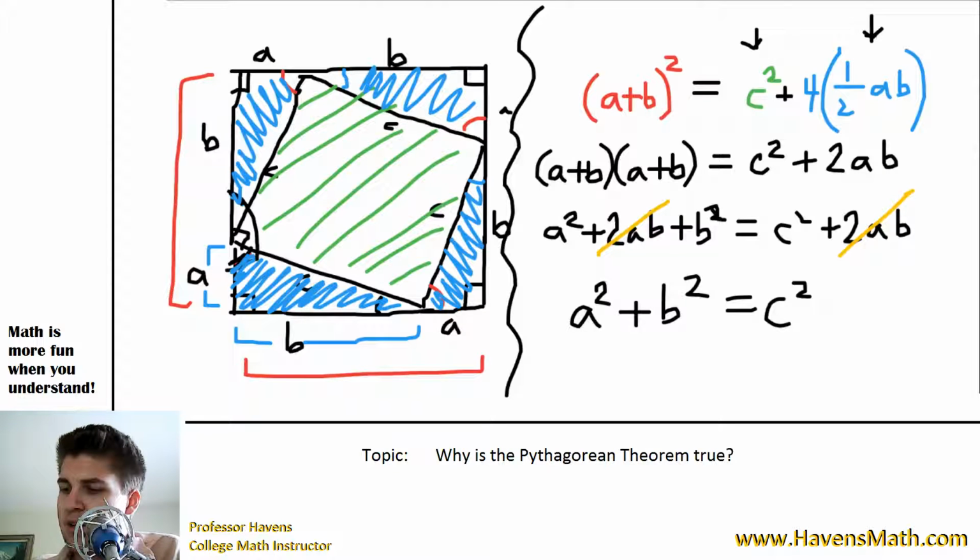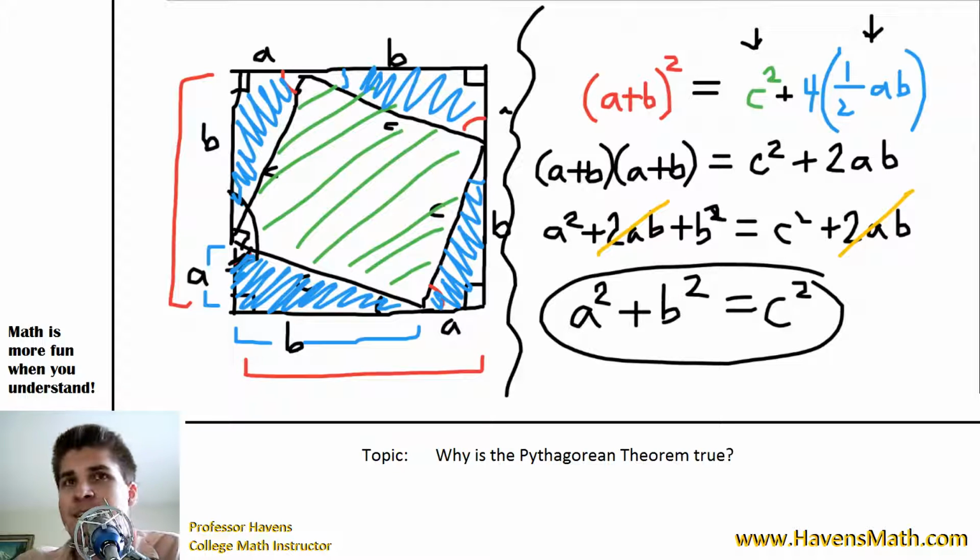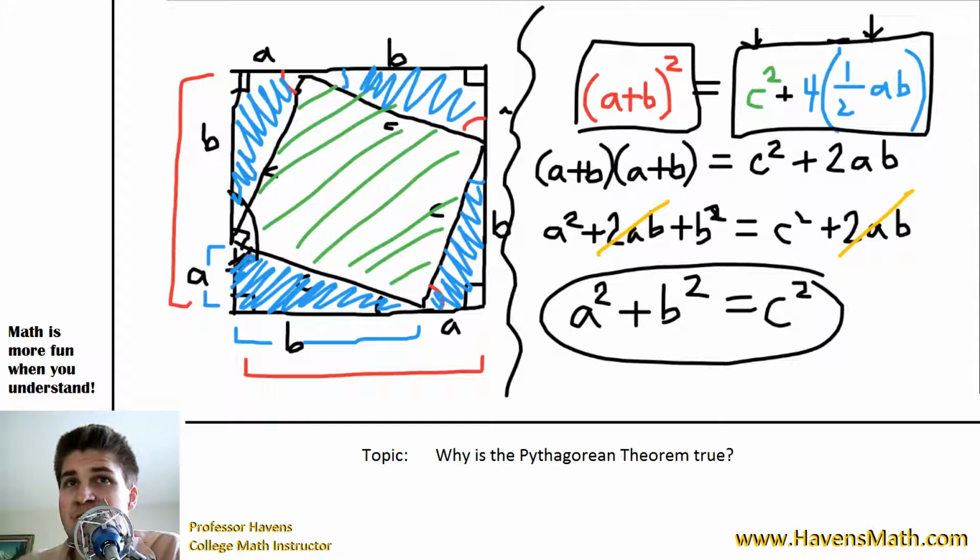So the logic behind this is that we're examining one portion of area, a large square, and that has to be equal to the sum of the smaller portions of area. That's just a basic idea. If we add a bunch of things up, that's got to be equal to the total. So both sides of those equations had to be the same.